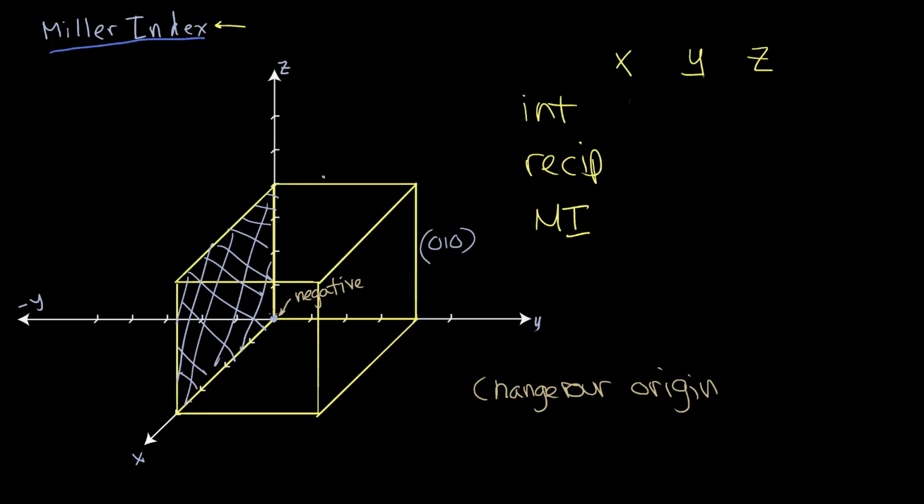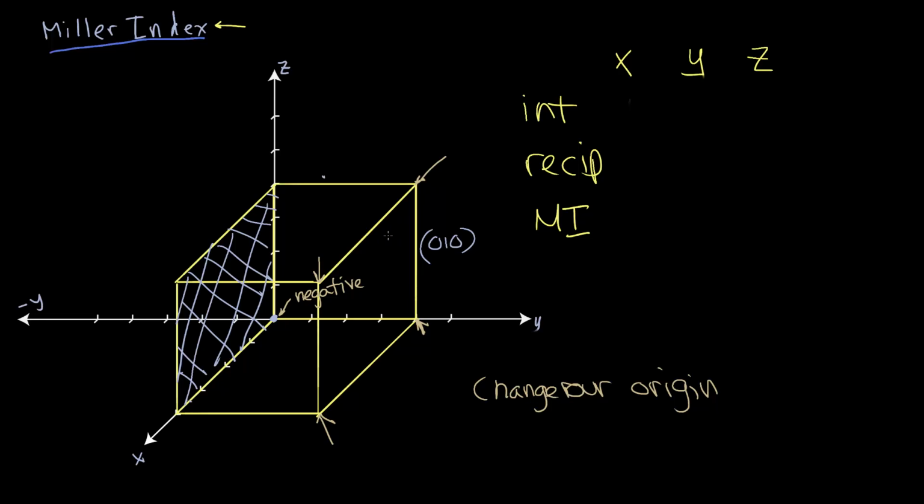In this case, we only have to change our origin in the y direction. What we're going to do is not going to affect the x or z directions, but in some cases it might. We could change our origin to this point, we could change our origin to this point, or this one, or this one.